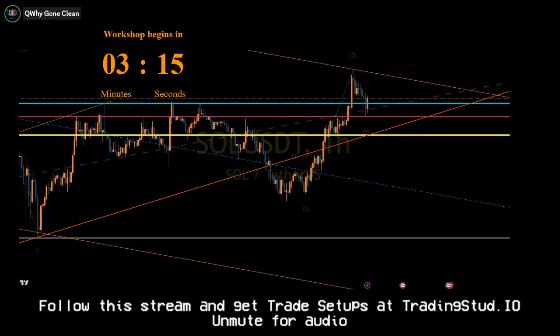This is going to be such a shitty presentation because I don't have anything prepared. All right, so this yellow moving average is just the 3 moving average.